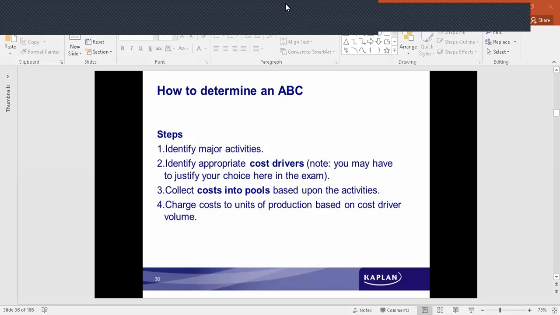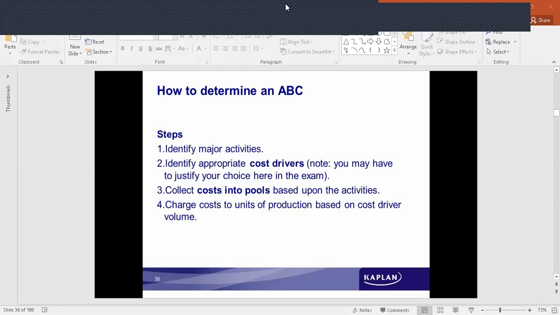So identify all these activities. For each activity, whatever amount is incurred is pooled up under an activity cost pool. So every time there is a cost incurred for repairs and maintenance, pool it under repairs and maintenance. And every time there is a cost incurred for, let's say, power, the costs are accumulated under the cost pool called power.